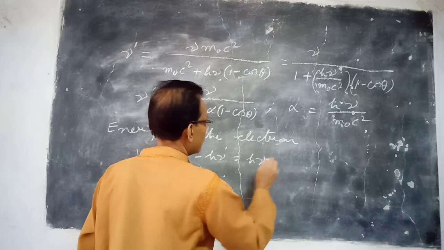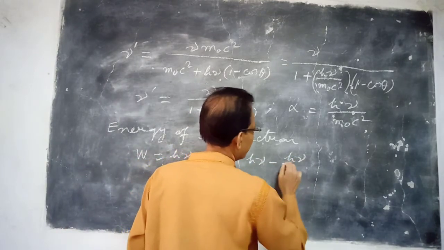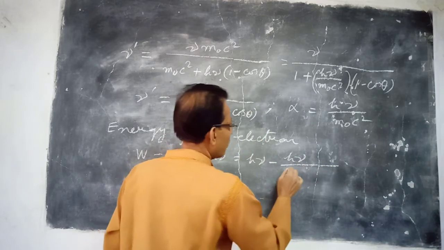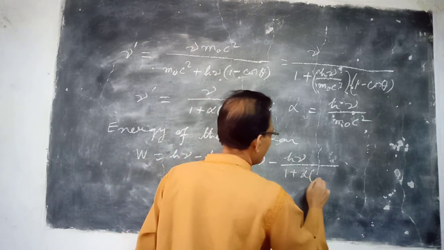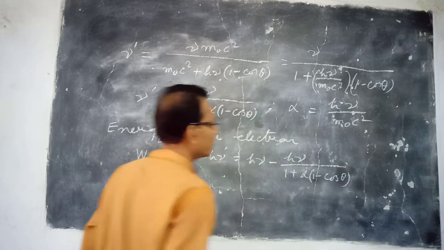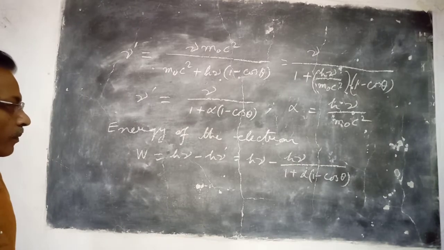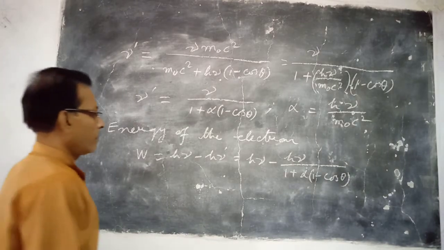Substituting the value of nu prime, you get h nu minus h nu divided by 1 plus alpha into 1 minus cos theta.